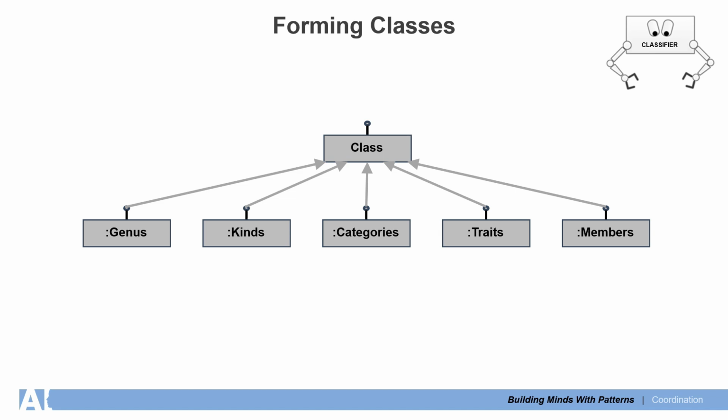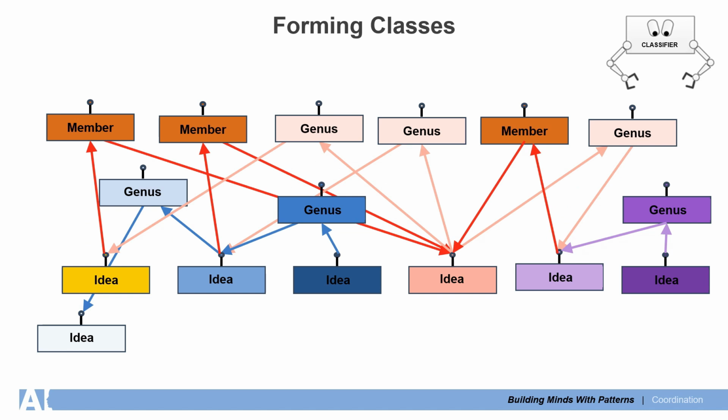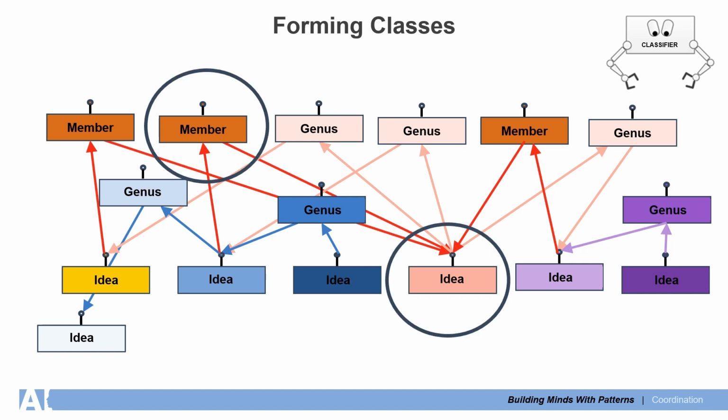A class binds genus, members, and category. To create a class, we must first find a structure which is a member of a genus, and find that member's genus.